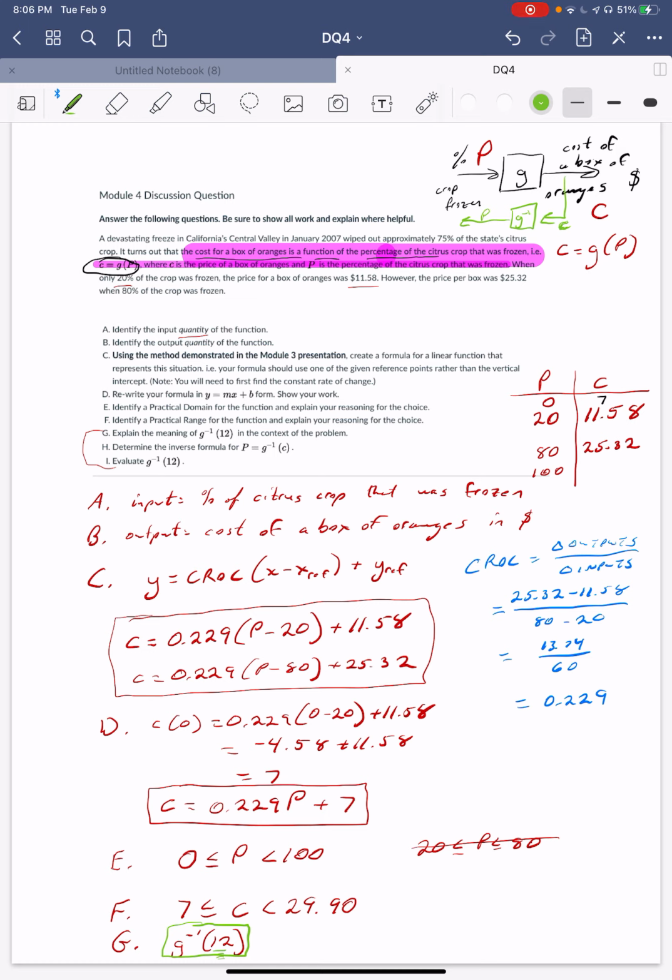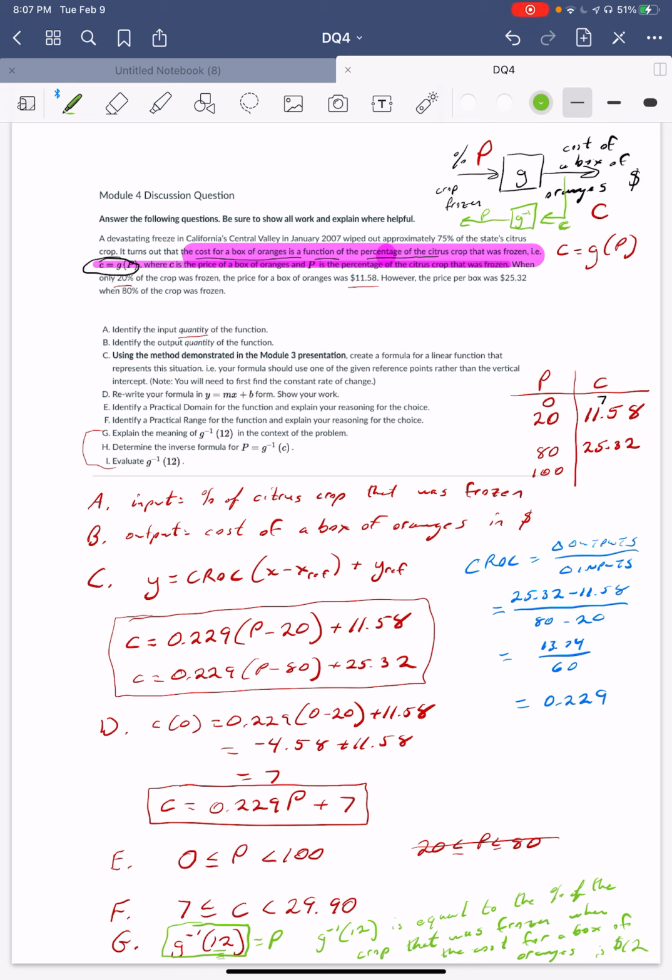That whole expression is equal to P. So we would say that the inverse of G at 12 is equal to the percent of the crop that was frozen when the cost for a box of oranges is $12.